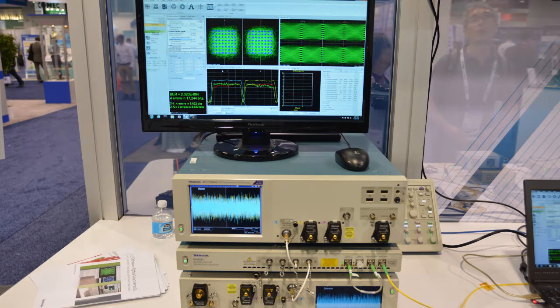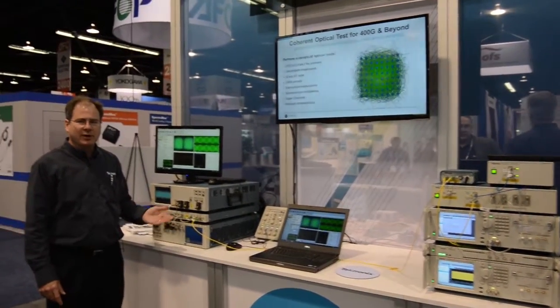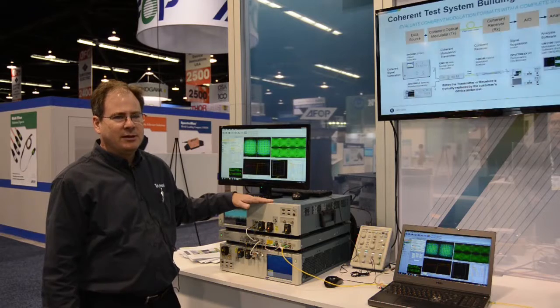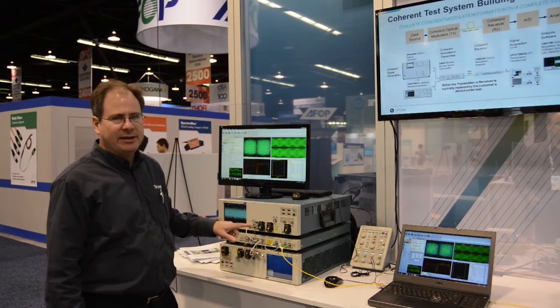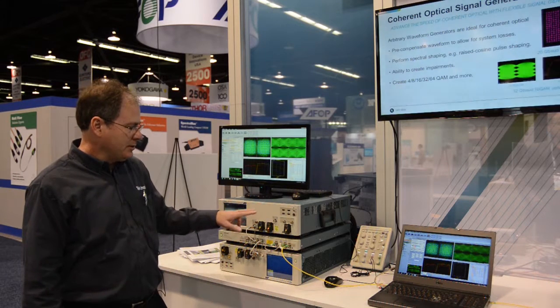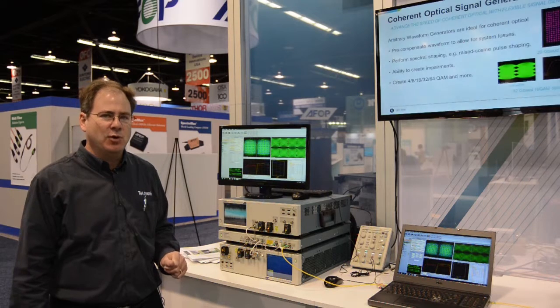So over here what we have is two of our 70 gigahertz single channel oscilloscopes. These are the new SX models. So they have a 70 gigahertz input at 200 gigasamples per second, but also they have two of the 100 gigasample per second inputs as well.